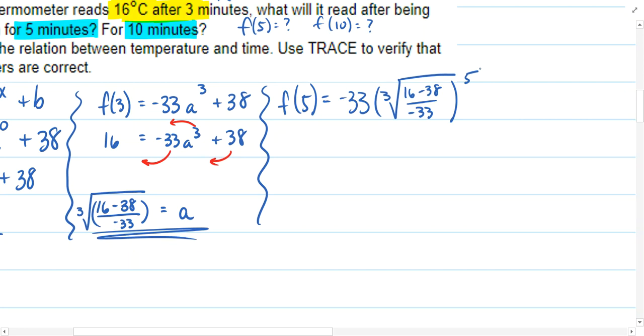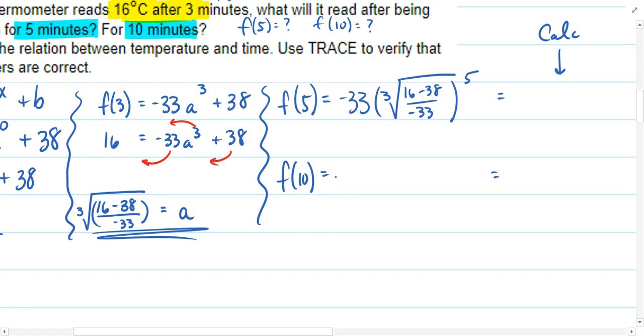Raise that to the fifth power. I have no idea what that is, and I couldn't evaluate that without a calculator, but I've done all of this work so far without a calculator. The only time that I'll need the calc is right here to obtain these two answers.